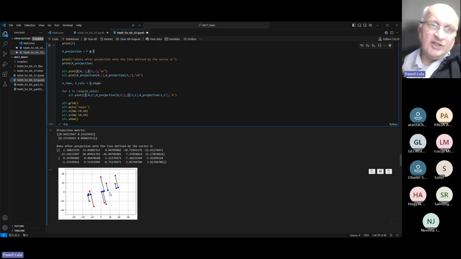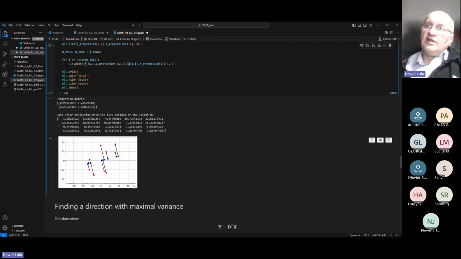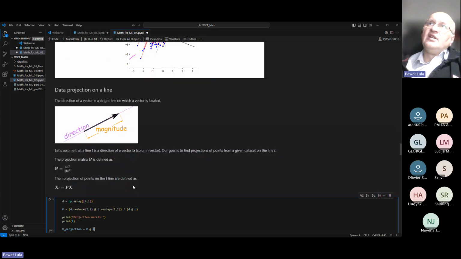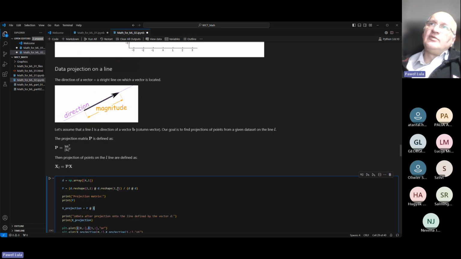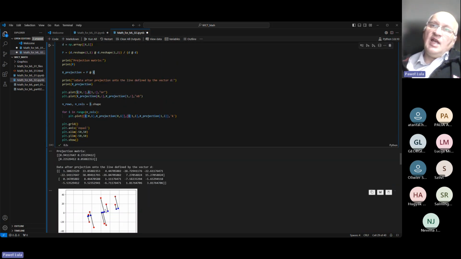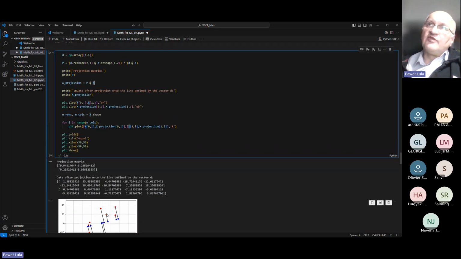But of course, I know that this line, which I used for producing these projections, is not optimal, because as we saw here, in my example, I defined the position of this vector.